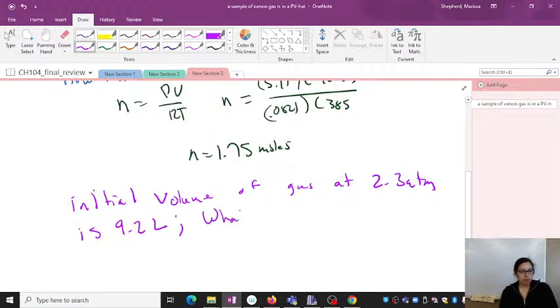So what is the volume if the new pressure is 4 ATM?